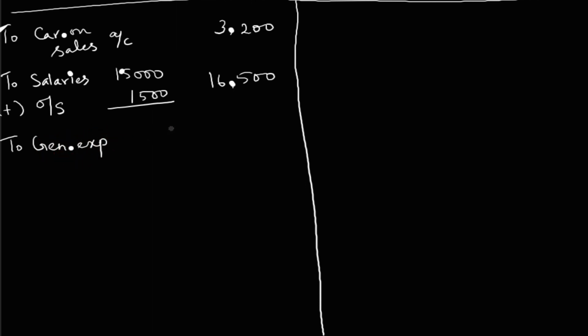General expenses 3,000. Insurance is an expense. Again it will appear here. But you have prepaid insurance. So prepaid can be deducted.